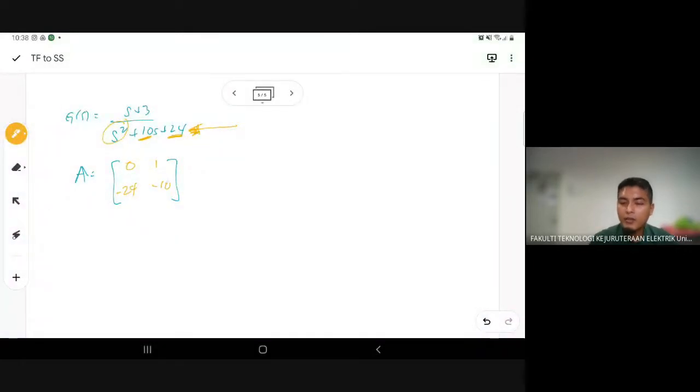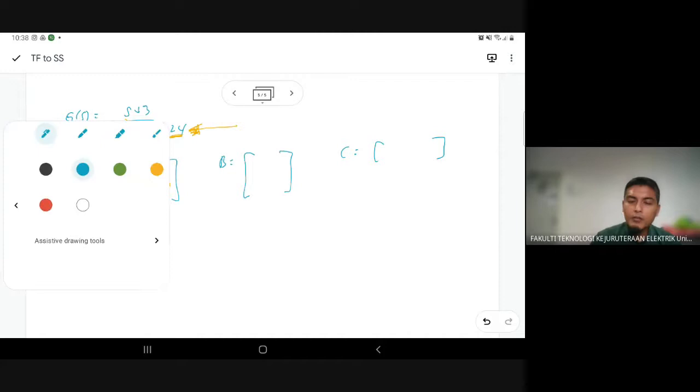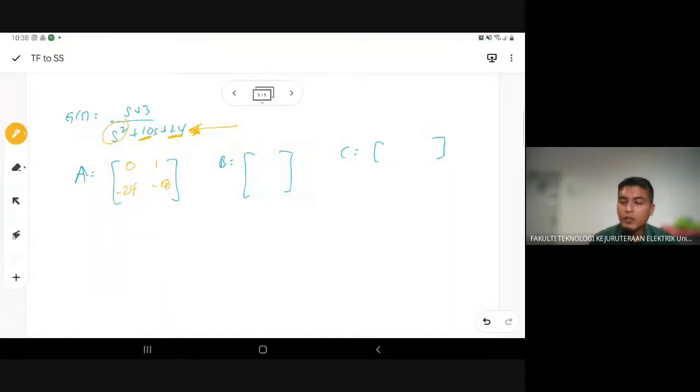For the B matrix, by default the last entry will be 1. The bottom line will be 1 and the rest will be 0. Then for the C matrix, you write the numerator part from right to left.